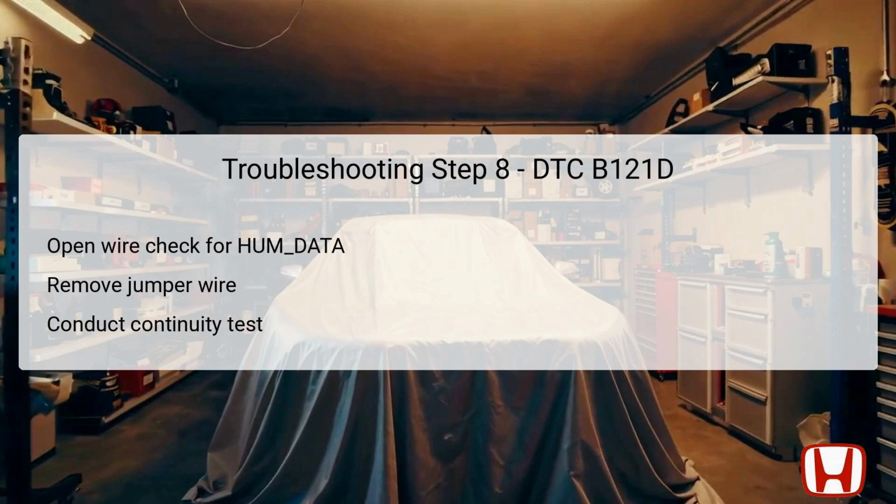In this 8th step, you must confirm the integrity of the hum data line without the interference of any jumper wires. Disconnect the jumper wire and proceed to measure continuity from climate control unit connector number 22, yellow, to humidity sensor connector number 2, yellow.